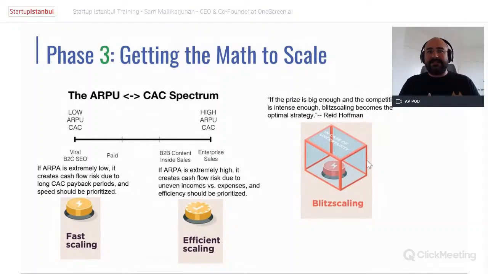Uber had to get big in order to be as valuable a company as it is. If Uber had just grown cash efficiently, they wouldn't have created the value that they have because they have those network effects. So there's just 3 different frameworks to think about, and they relate to the balance between your average revenue per account and your cost of acquiring a customer, or your cost per acquisition.